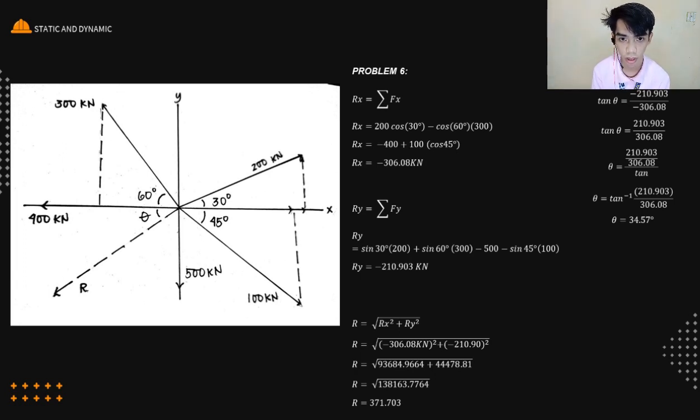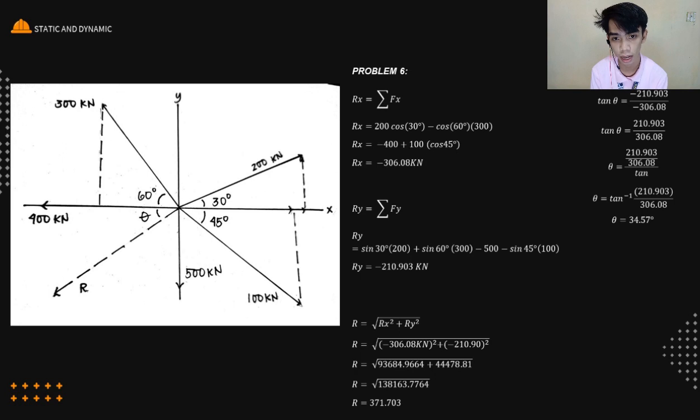So, first, summation of forces of X is equal to Rx. We have here two F of X forces. First is the 200 kilonewton force and the 300 kilonewton force. So, 200 cosine 30.